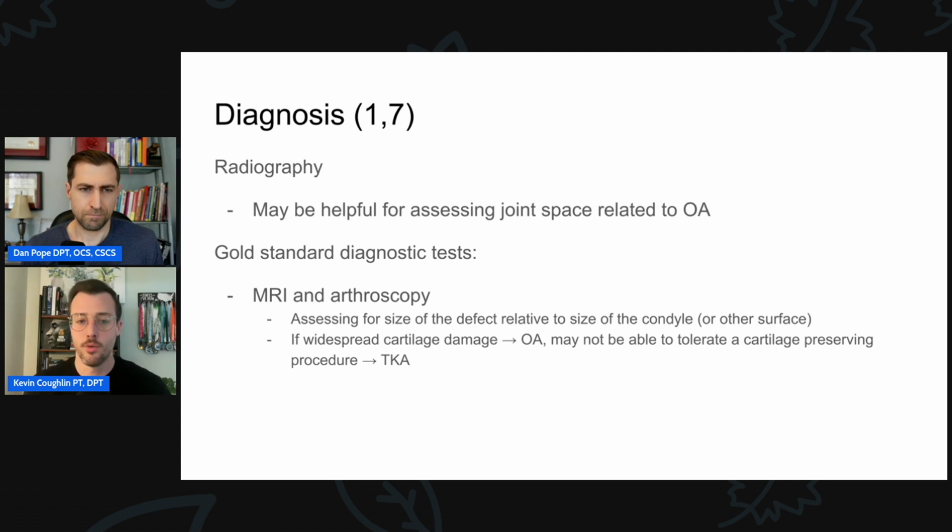What they're assessing for is the size of the defect, and they're also looking to see if there's widespread damage to the cartilage, because if you have someone who has a pretty gnarly defect but also has general widespread OA, they're probably not going to bother repairing the cartilage defect.